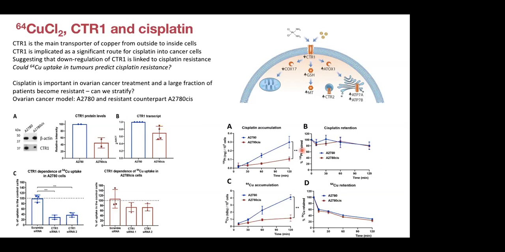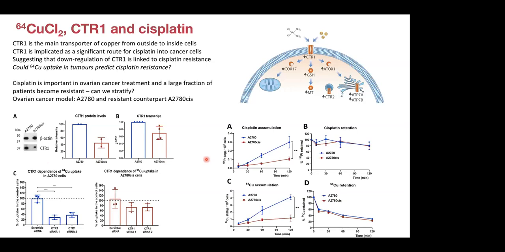So we had a look at the ovarian cancer model cell line A2780, which has a platinum-resistant counterpart, A2780 cis, where the resistance is induced by repeated passaging in the presence of cisplatin. And just to check that there is a downregulation of CTR1 in these resistant cells, we measured CTR1 in relation to the quantity of cells, both at the protein level and at the transcript level, and showed that there is knockdown of CTR1.